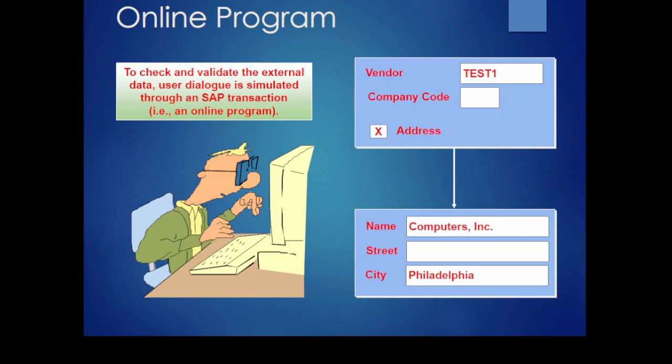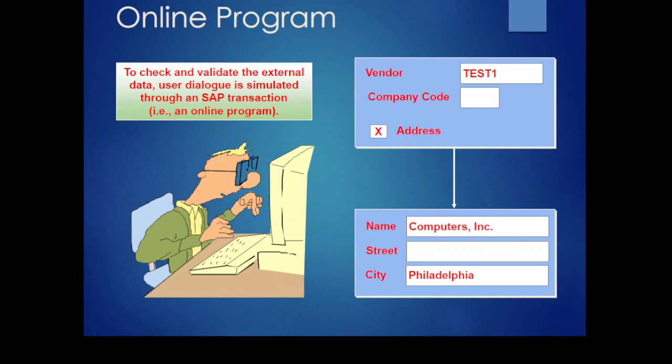For example, if the user enters a vendor which is not already in the system, the program automatically shows the user that the vendor is not entered into the system.